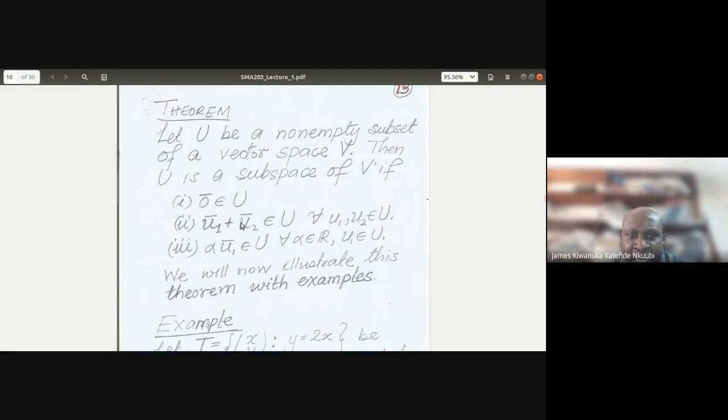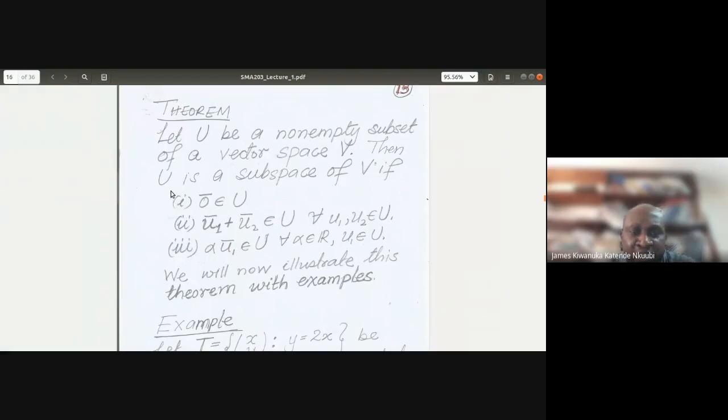And then if we pick any two vectors in U, when we add them, we should get another vector in U. So we stay within U. That's what the second statement says. The last property required is that if you multiply any vector in U by a scalar, you will also get a vector in U.